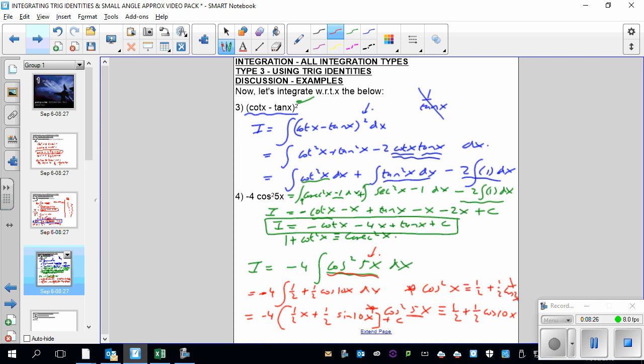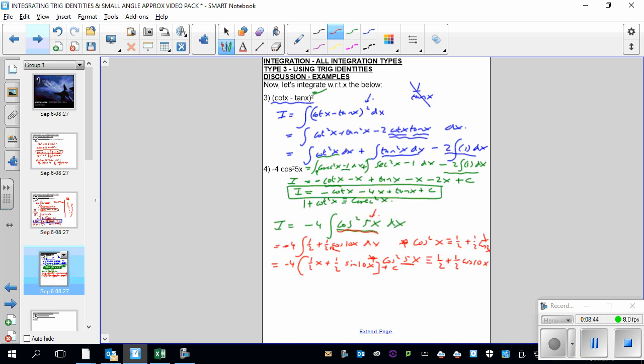Quick differentiation to check, sine 10x is going to go to 10 cos 10x, right? So that's going to cancel my half down to 5, but I need a half. So actually, what we're going to need to do, at the moment this is our guess section, isn't it?